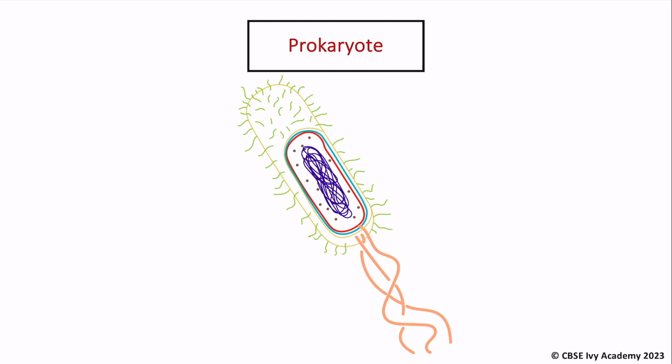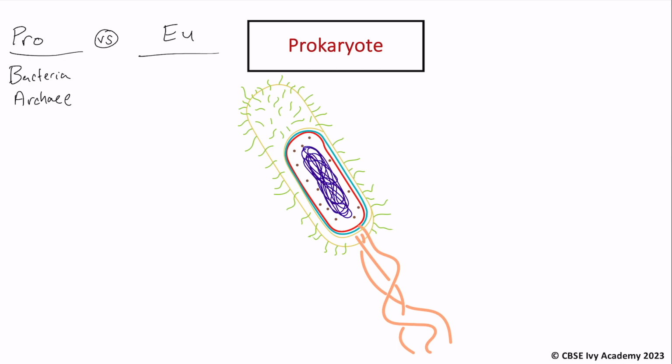So cells can be of two types. They can be prokaryotic or they can be eukaryotic. And now I'm going to give you a little map here. If you're under the domain of bacteria or archaea, then you are a prokaryote.